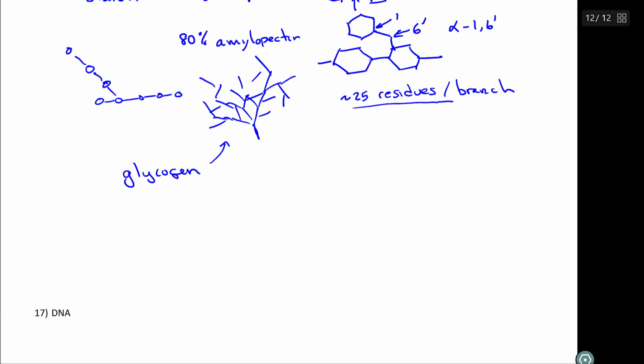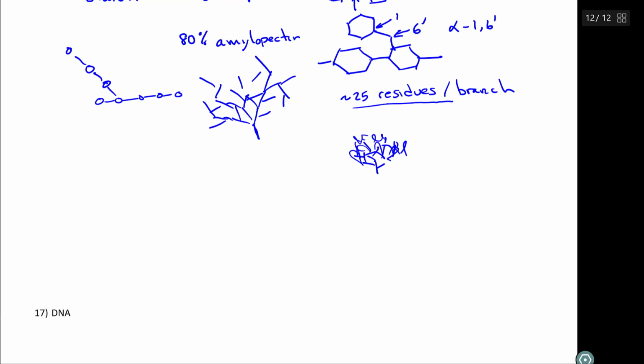So if this is the tree for amylose and amylopectin, then the glycogen tree would just be much more dense. It would start branching from the bottom a little faster, and each one of these would branch, and you can just imagine, it's going to be this whole hairy kind of mess.